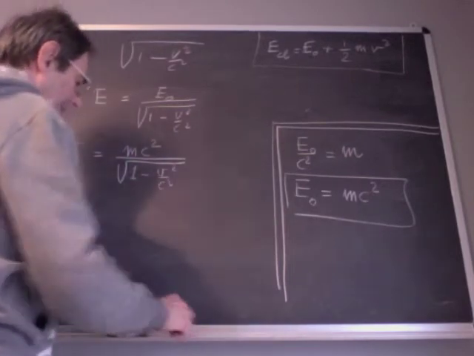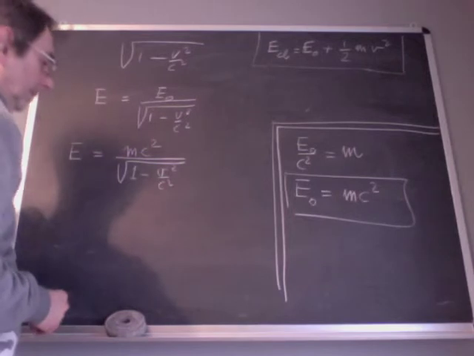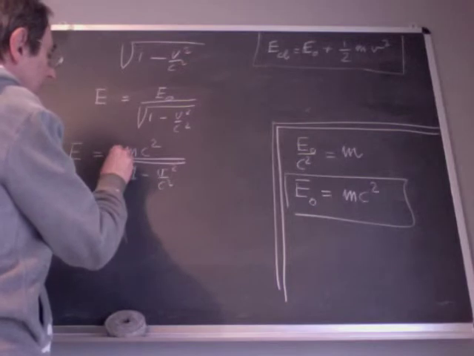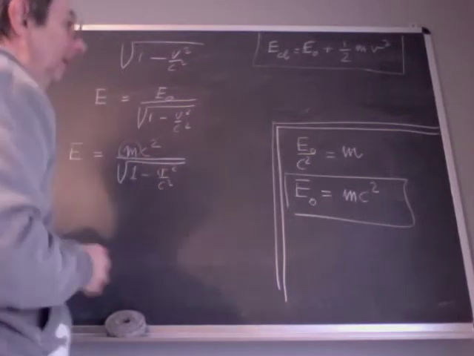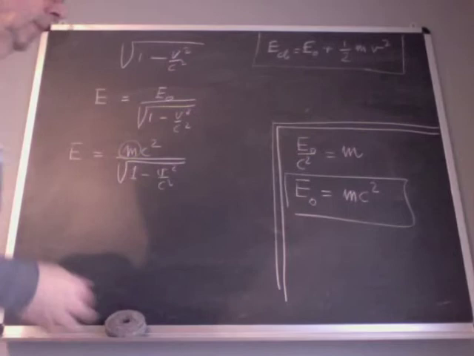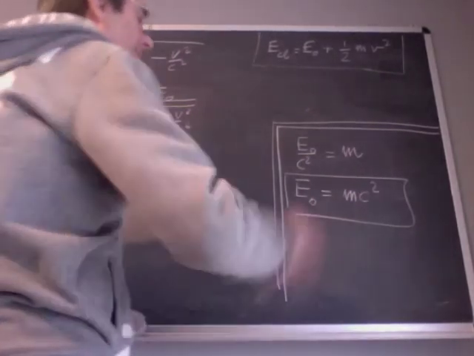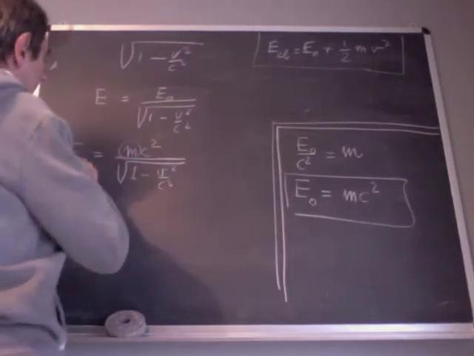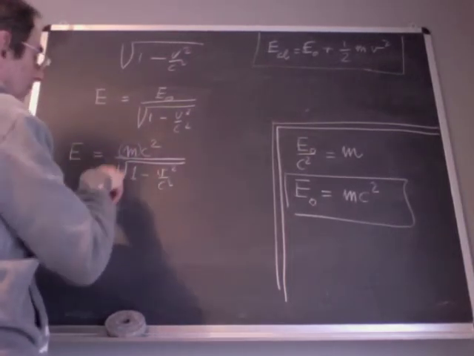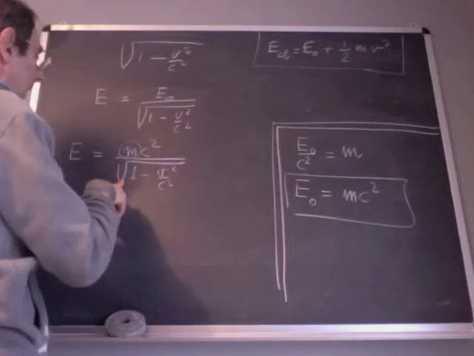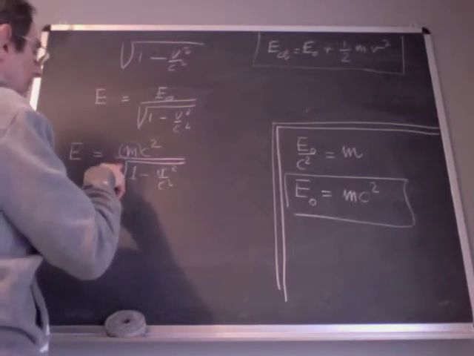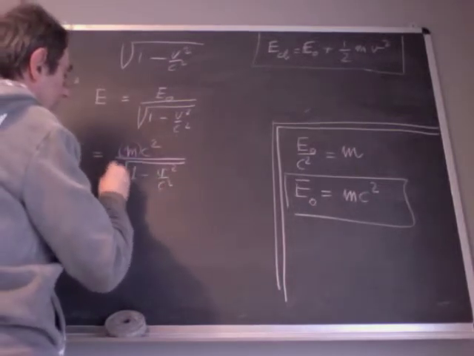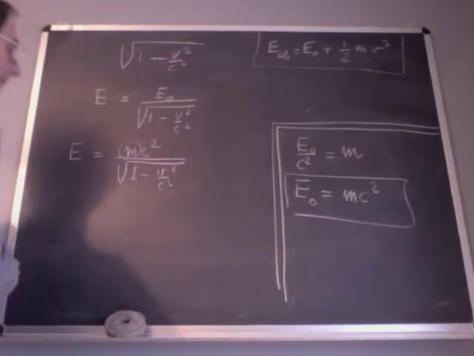I don't think it's the correct way to interpret this equation, because the mass of the body is m, and it doesn't change when you change the velocity of the body. What happens is the energy changes with this formula here, and the energy increases due to the factor at the denominator.